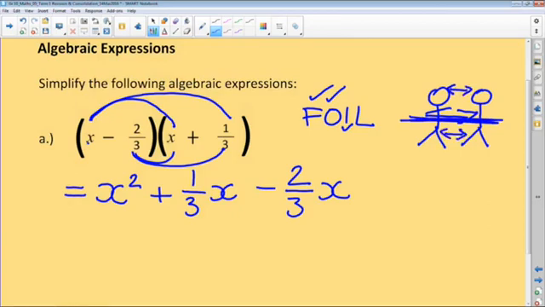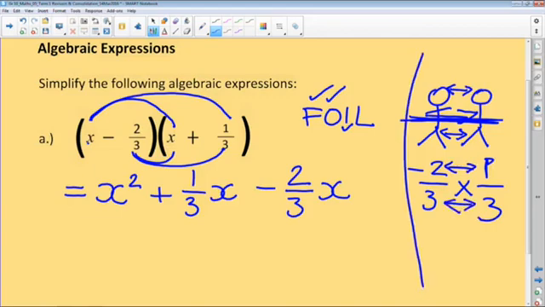So that means when we multiply negative 2 over 3 by 1 over 3, they're hugging. So the negative 2 multiplies by the 1 and the 3 multiplies by the 3. So that gives us negative, 1 times 2 is 2 and 3 times 3 is 9.